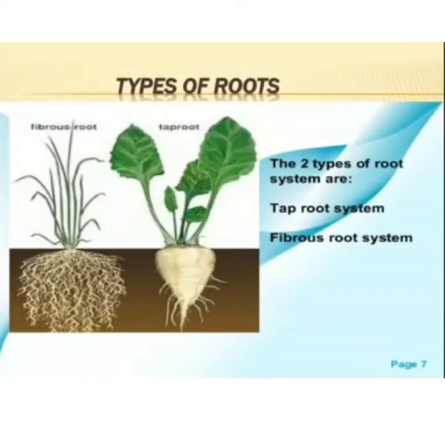Students, see in this picture, the green leaves of the tap root system of radish. We know they have what type of roots? Tap root system, because they have a main root. And see the other one of fibrous roots, they spread from the base of the stem. So these are the types of fibrous root. Both types of roots are differentiated here with the help of diagrams.